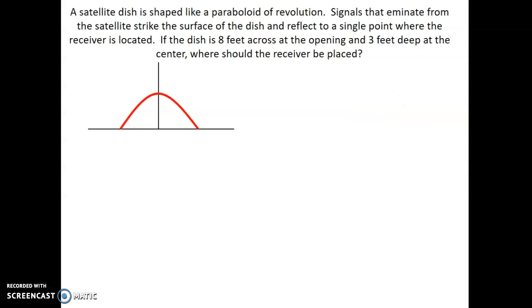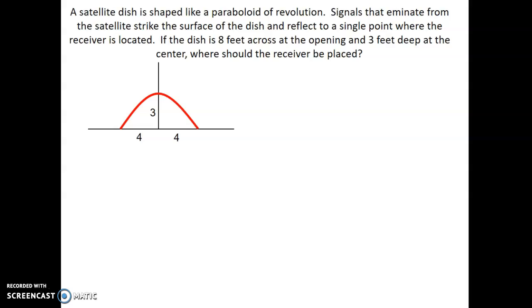Now we're going to figure out pieces that go along with our picture. It says the dish is 8 feet across the opening. Well, the opening is now cut in half by the y-axis, so each side is 4 feet. It also says our parabola is 3 feet deep at the center, so the height of the parabola is 3.